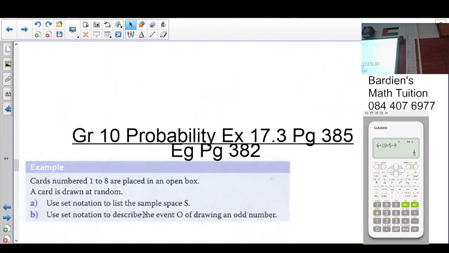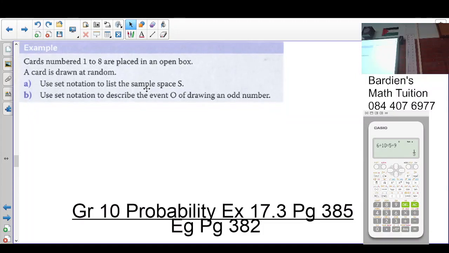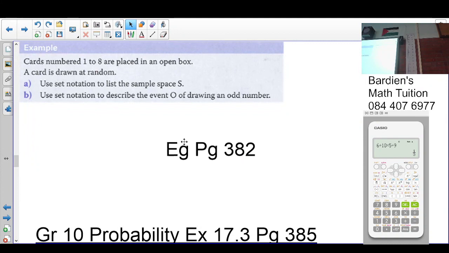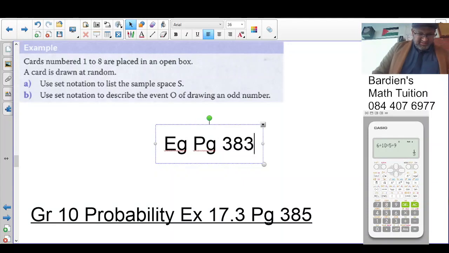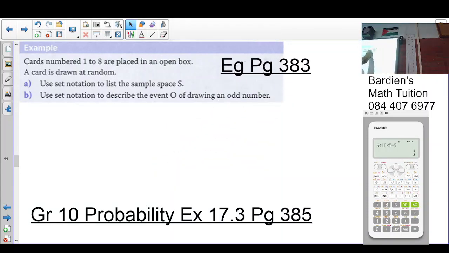So let's look at an example. This example is on page 383. Okay. Cards numbered 1 to 8 are placed in an open box.